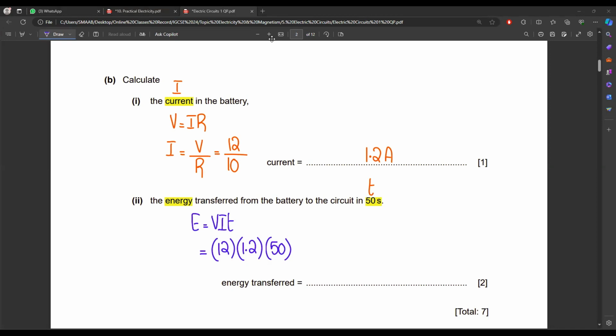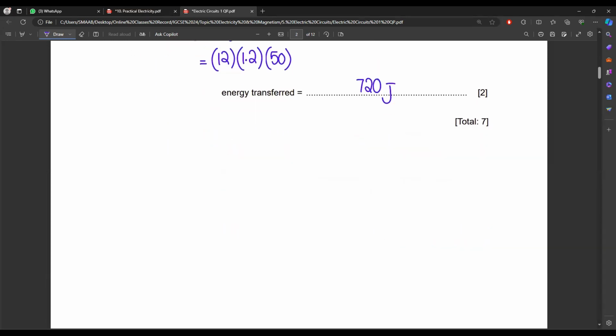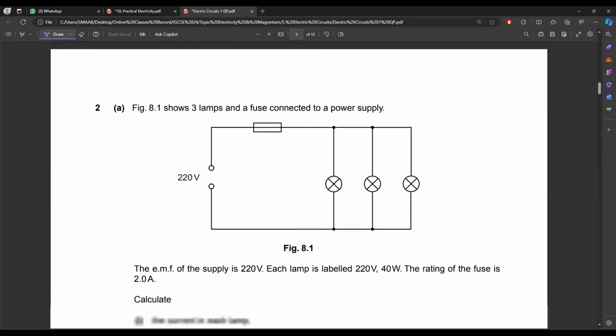So by multiplying all the values, we will get the answer of energy, right? 12 into 1.2 into 50, 720. So this is a basic practice question for the combination of resistance, energy and electric current.